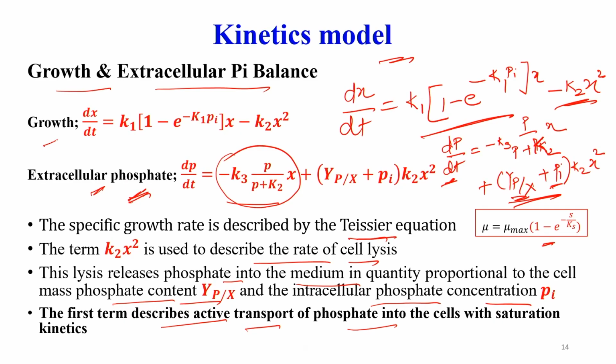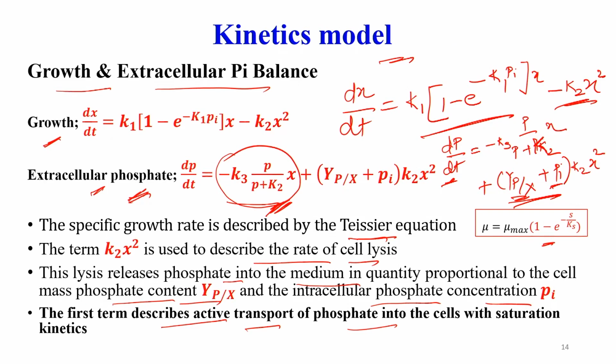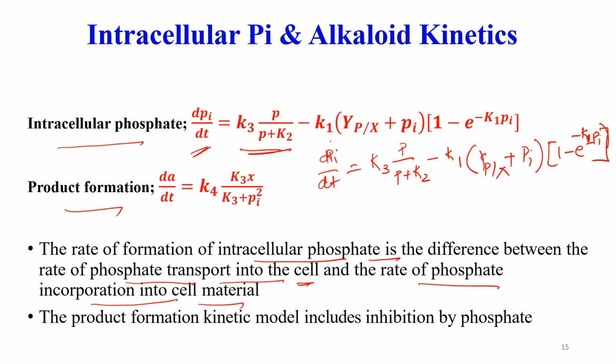What is transported? That is k3 into P upon P plus K2, minus how much is internalized into the cell, that is k1 Yp/x plus Pi into 1 minus e to the power minus k1 into Pi.